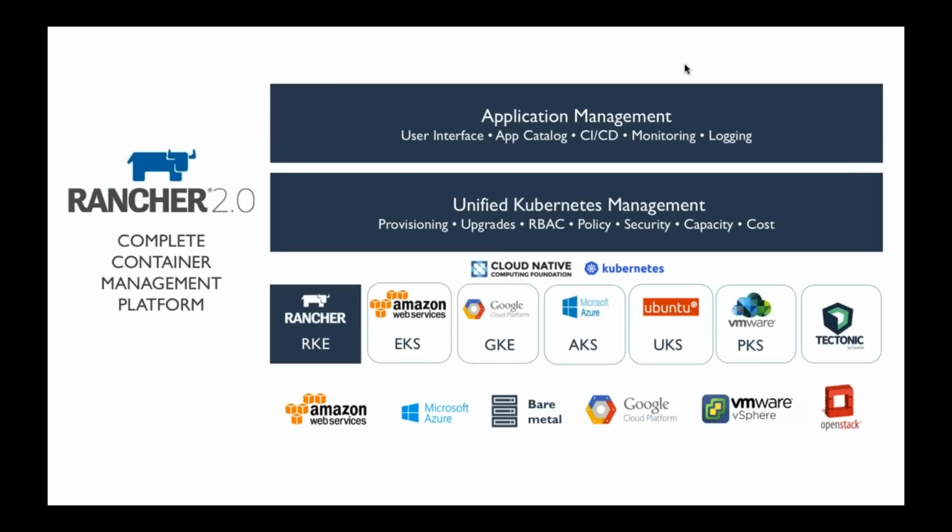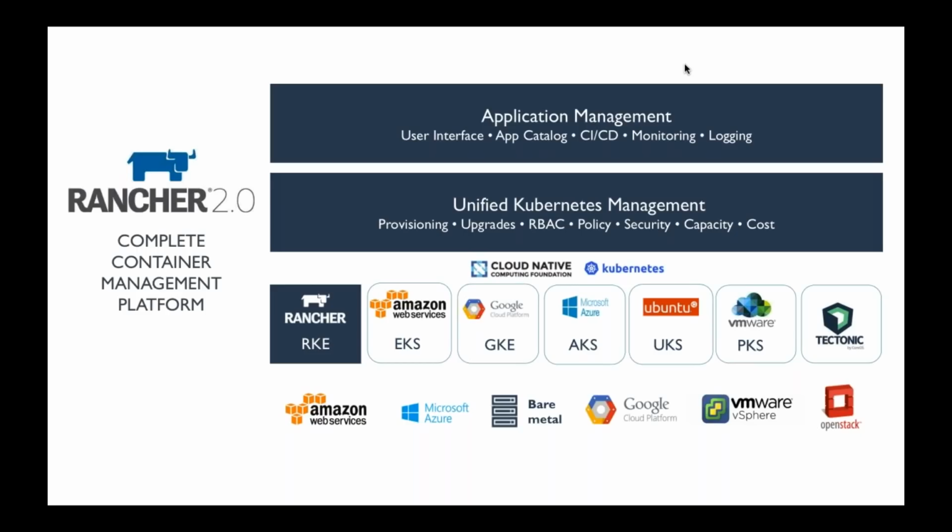So if you are familiar with Rancher 1.0, this is kind of an illustration of the different levels in Rancher 2.0. Just like in 1.0, we are still supporting all the different underlying physical layers. So you can use all the big cloud providers.